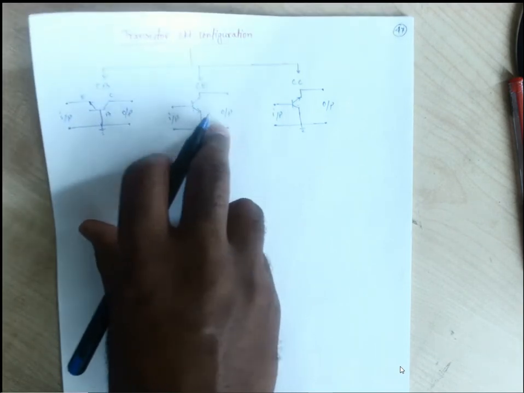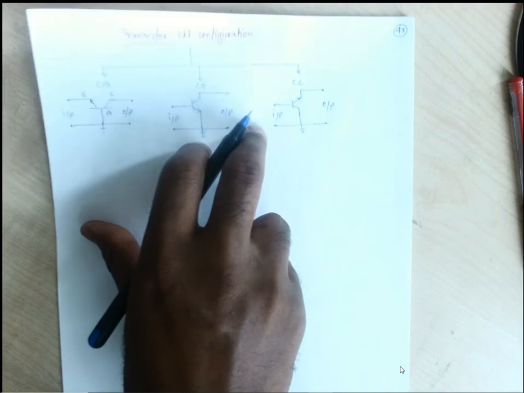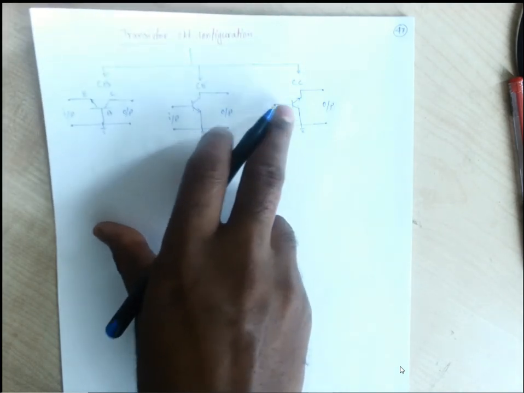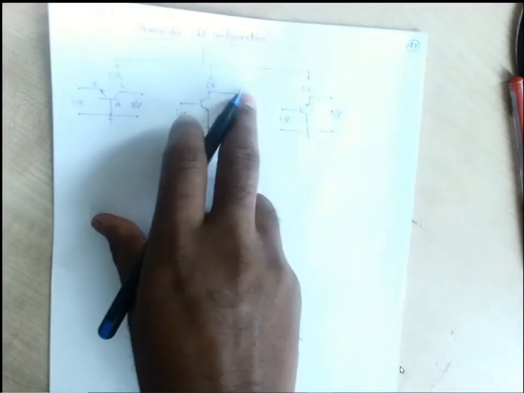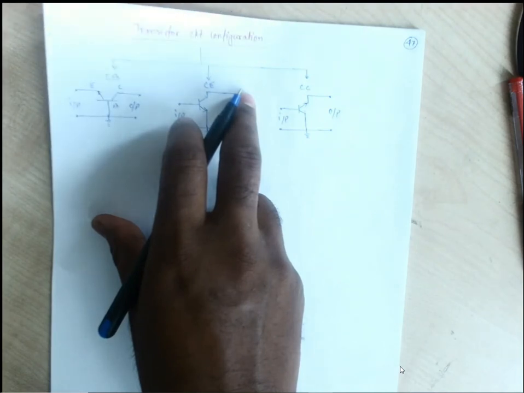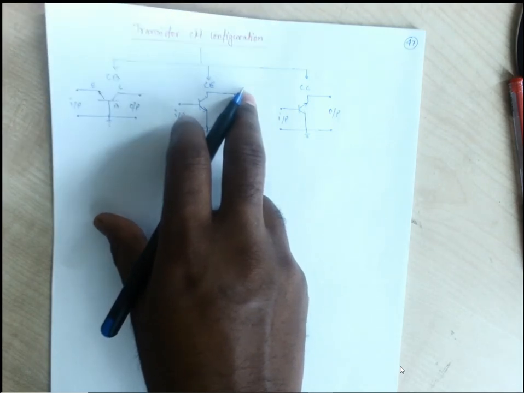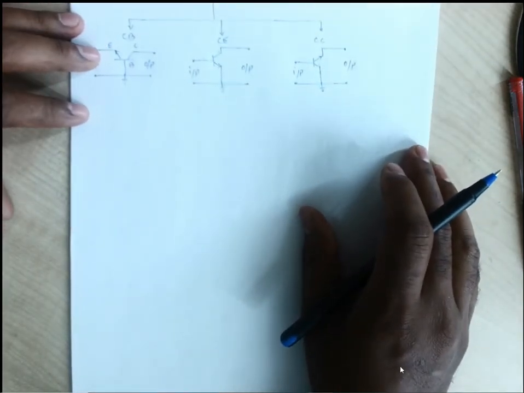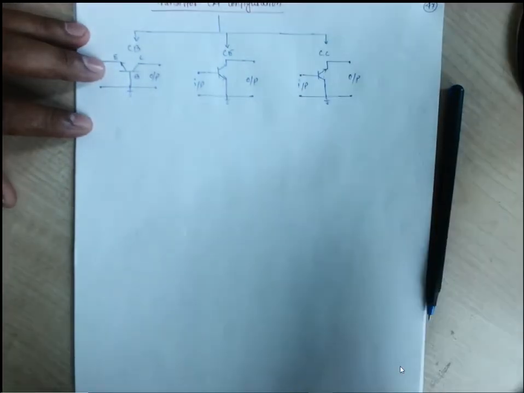For the common collector, the input current is the IB and the input voltage is the VCB. Output current is the IE and the output voltage is the VCE. Okay, so in this way we'll find out the input output characteristics of these three configurations. So first of all we'll go with the CB configuration, that is common base configuration.